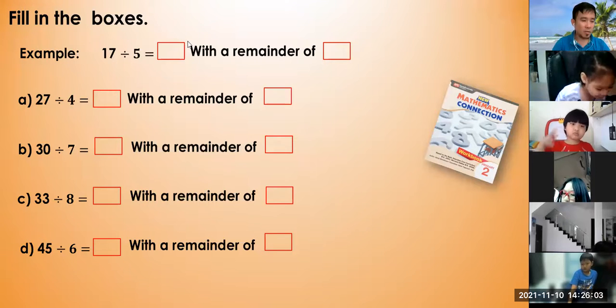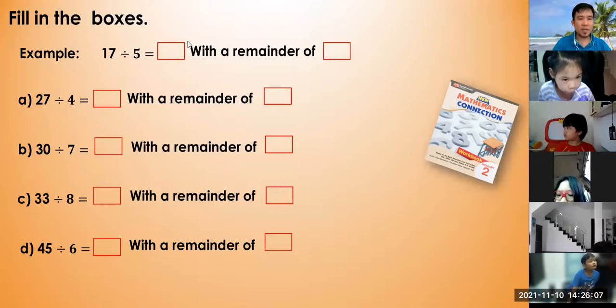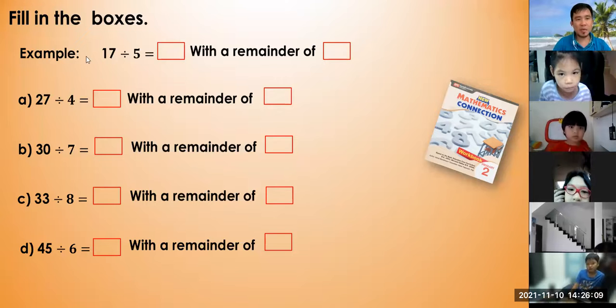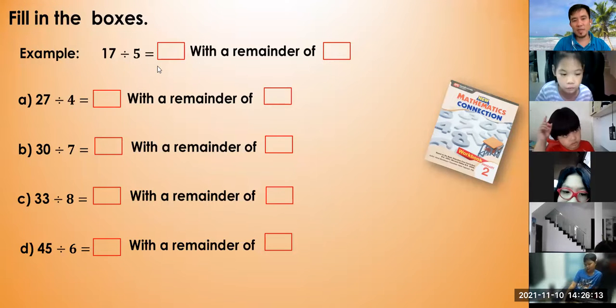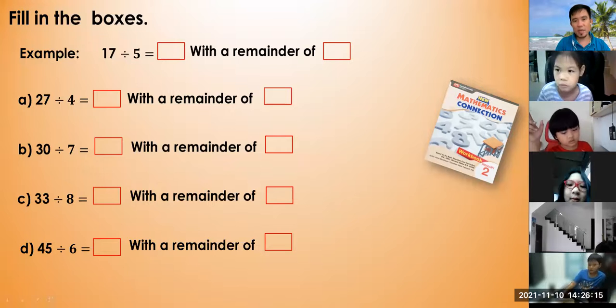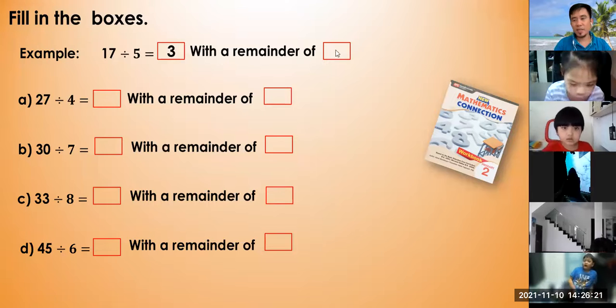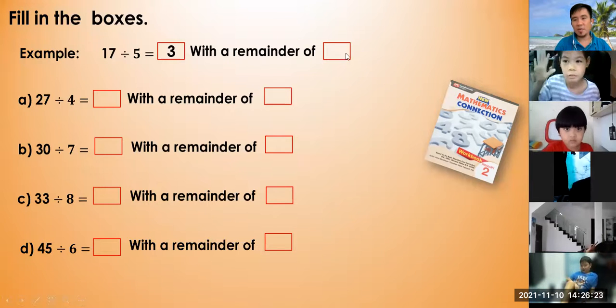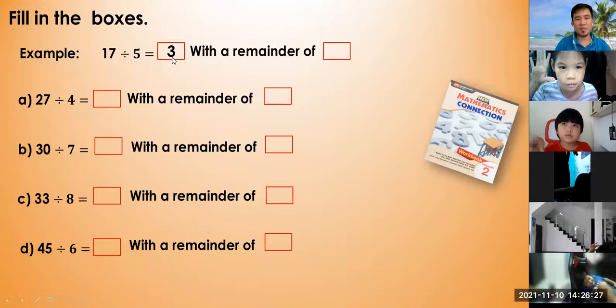So we are now on page 101. We will fill in the boxes. Example here, 17 divided by 5. 17 divided by 5 is equal to 3 with a remainder of, what is the remainder here, Nawa? Because 5 times 3 is 15.